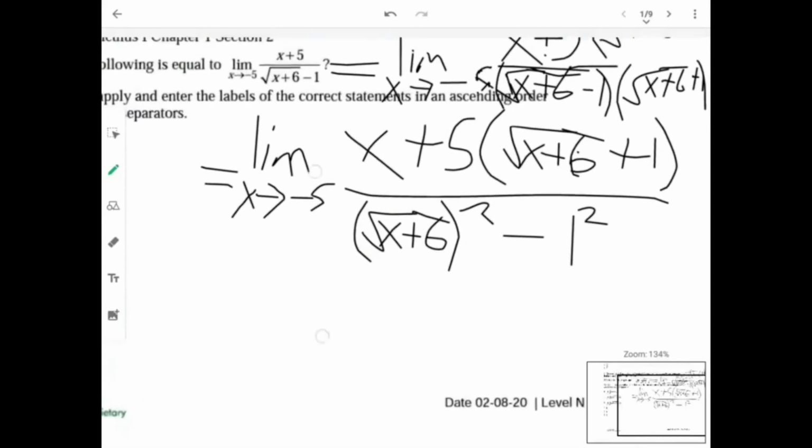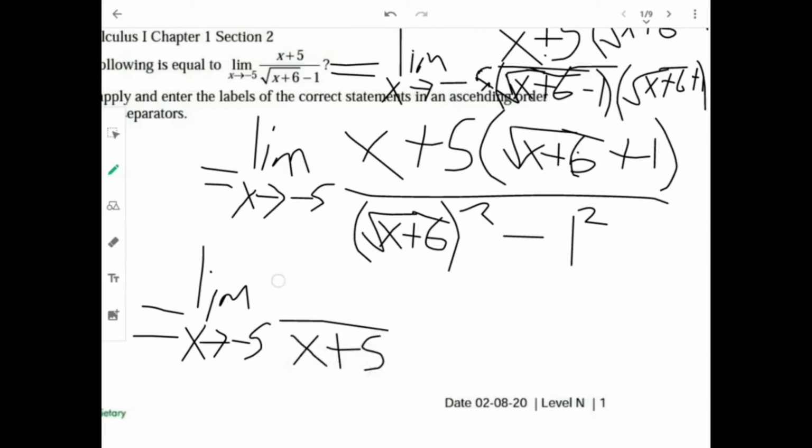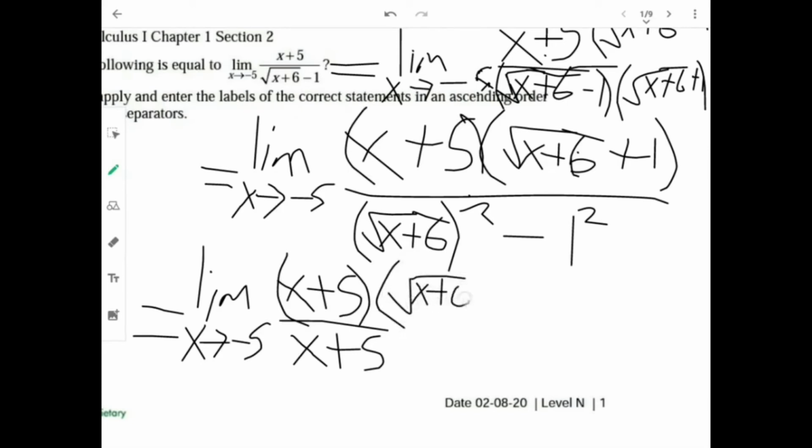As you can see, it simplifies into the limit as x approaches -5 of (x + 5), because x + 6 minus 1 is x + 5, and then x + 5 here as well. Should put brackets, yeah, into (root(x + 6) + 1).